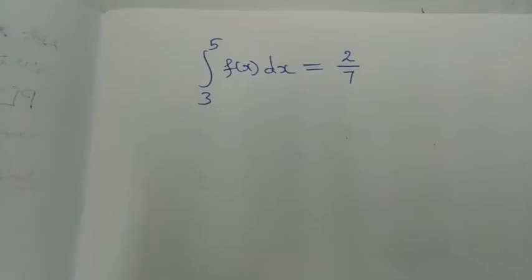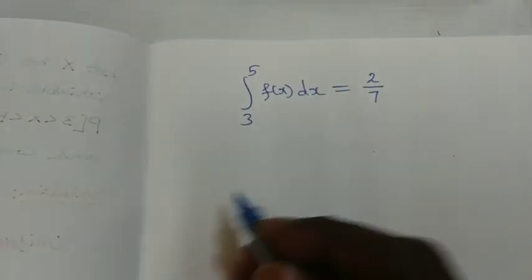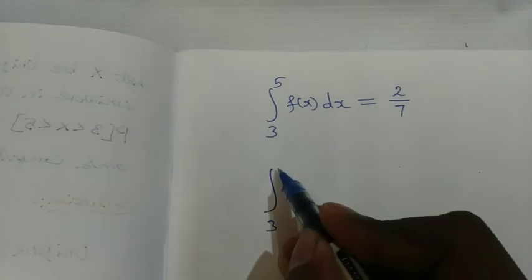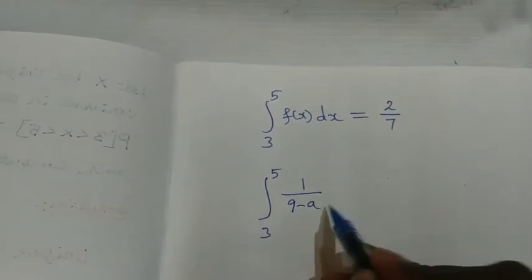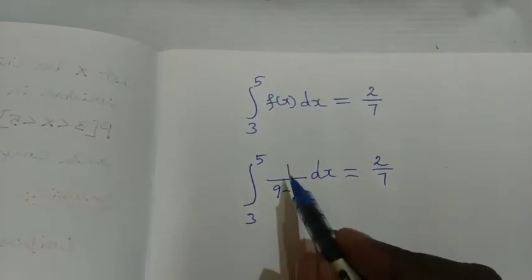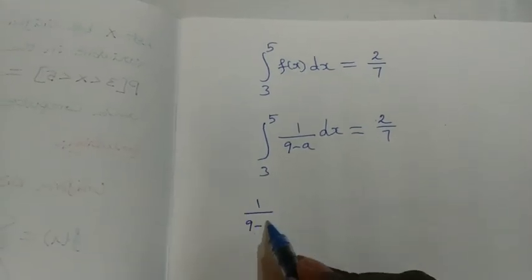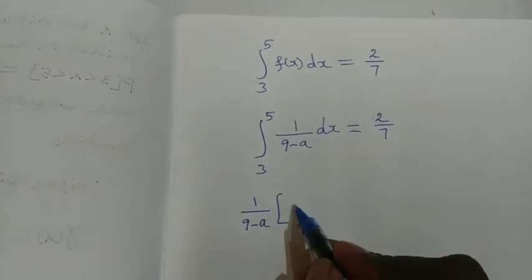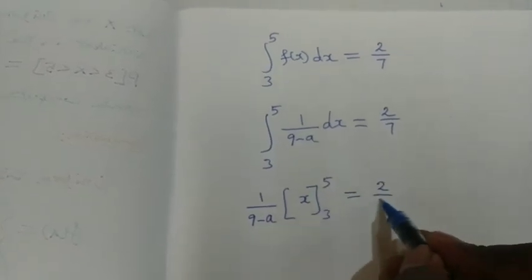Here f(x) we already found: integral 3 to 5 of 1 by (9 - a) dx is equal to 2 by 7. But 1 by (9 - a) is a constant, so take it outside, and the integration of dx is x with the limit 3 to 5, equal to 2 by 7.